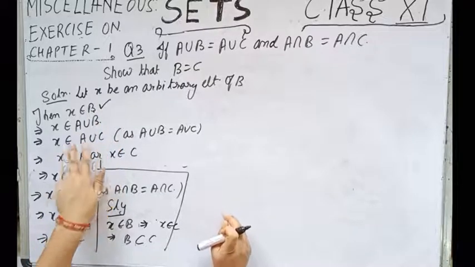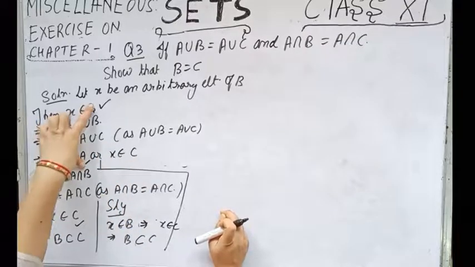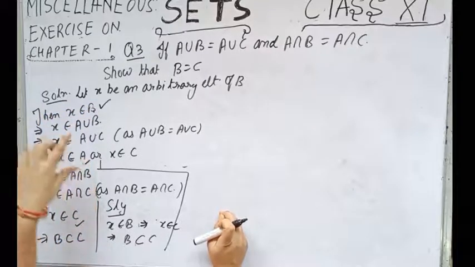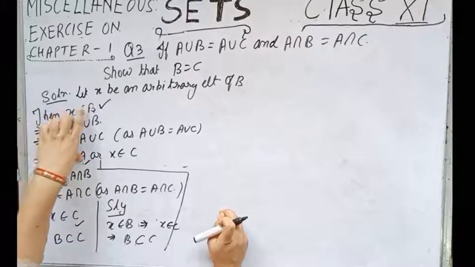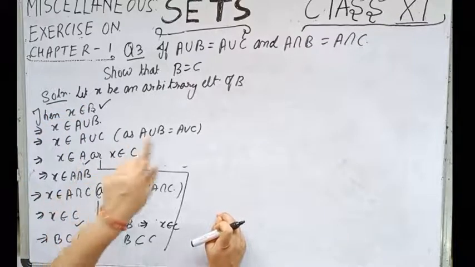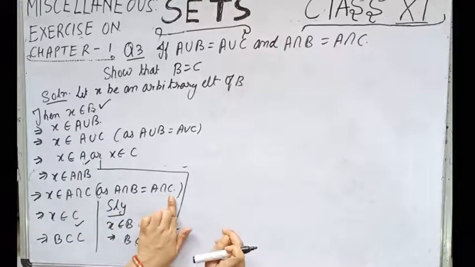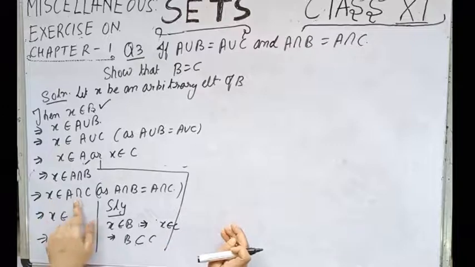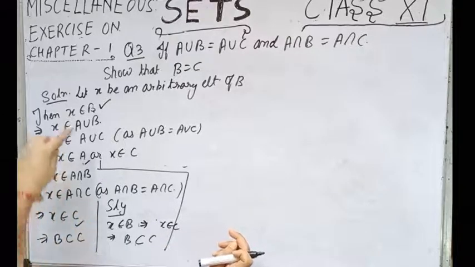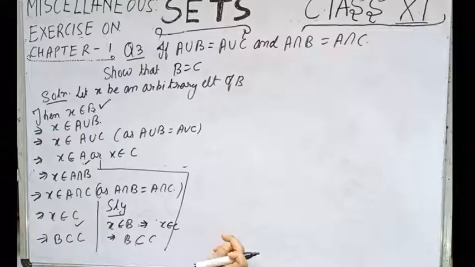If it belongs to A union C, then obviously it belongs to A or C. If it belongs to A, then X belongs to B and X belongs to A implies X belongs to A intersection B. Now it will also belong to A intersection C, as A intersection B equals A intersection C. If an element belongs to an intersection, it belongs to both. Therefore X belongs to C. We started with B, we got C, so B is a subset of C.